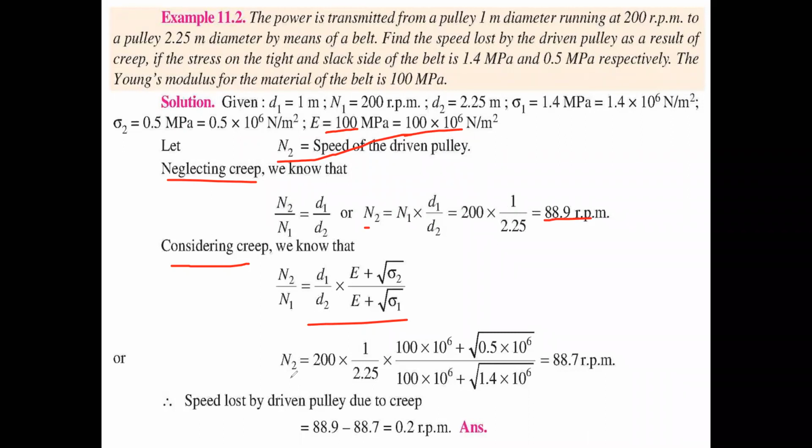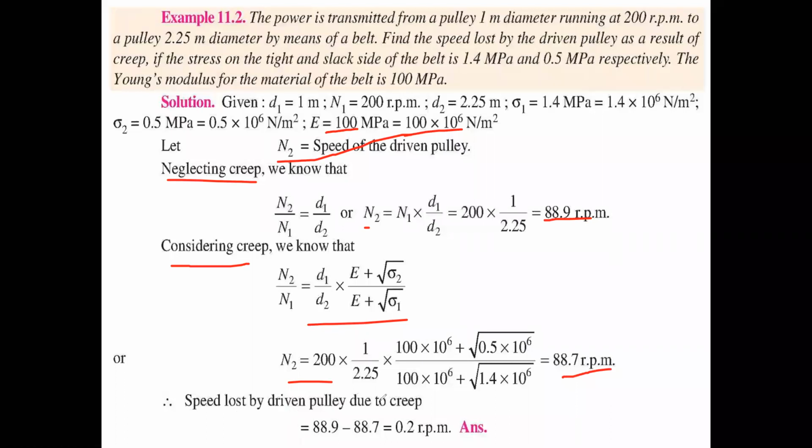Substituting the known values, N2 equals N1 into D1 by D2, so that is 1 by 2.25 into (100 into 10 power 6 plus square root of sigma 2, the slack side, 0.5 into 10 power 6) by (100 into 10 power 6 plus square root of 1.4 into 10 power 6). Make the calculation and finally you get the value, 88.7 RPM.